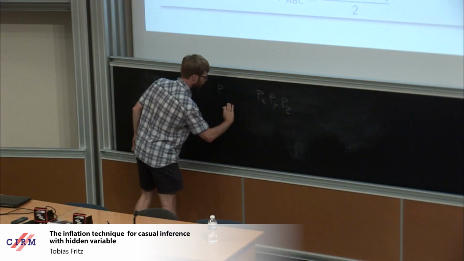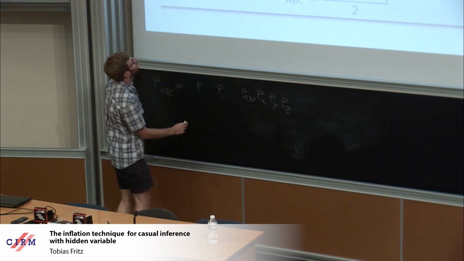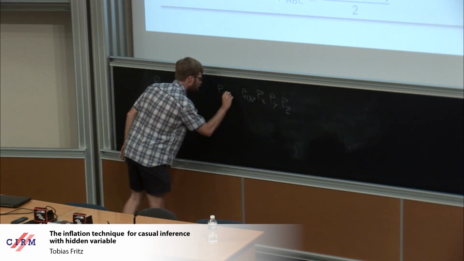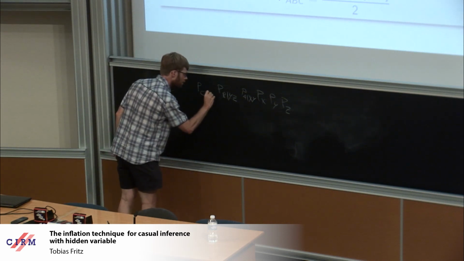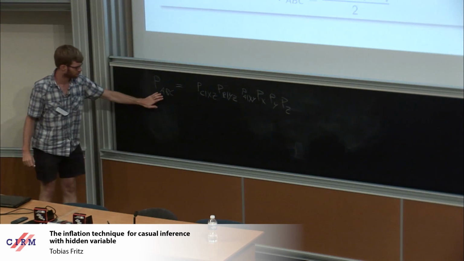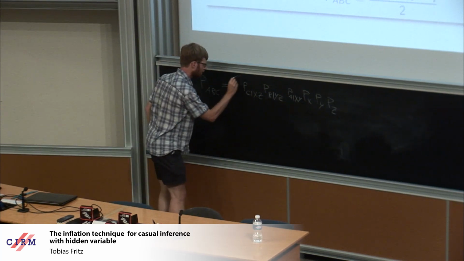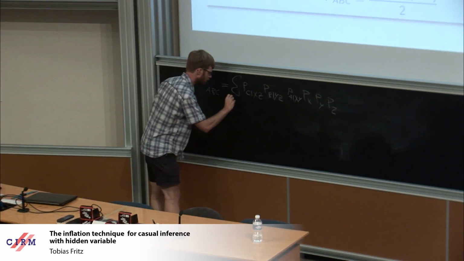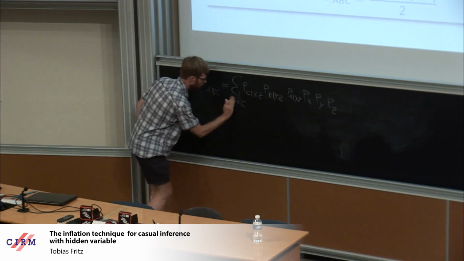I should have written this down here. B depends on y and z, and C depends on x and z. And now I only want to look at a joint distribution of A, B, C. So that means I'm going to have to form the marginal, the sum or integral over the values of the hidden variables.